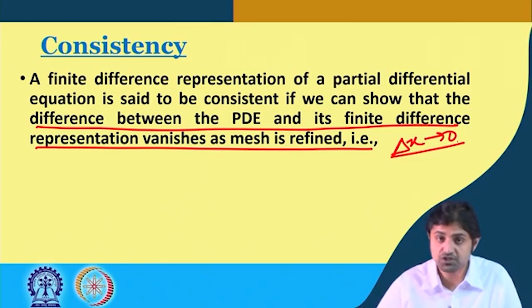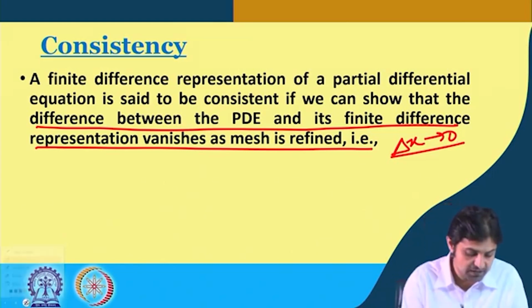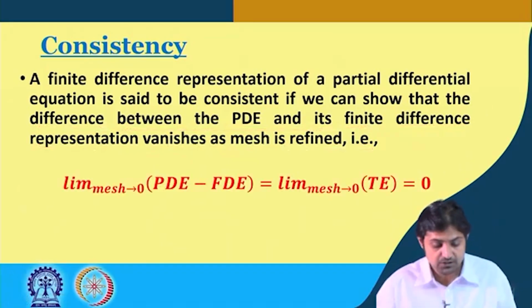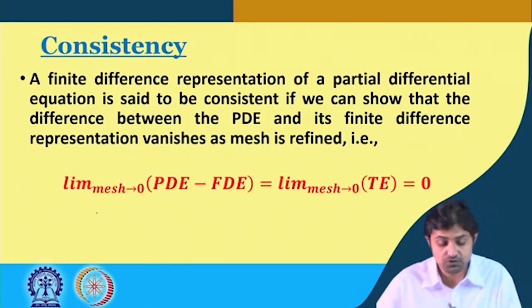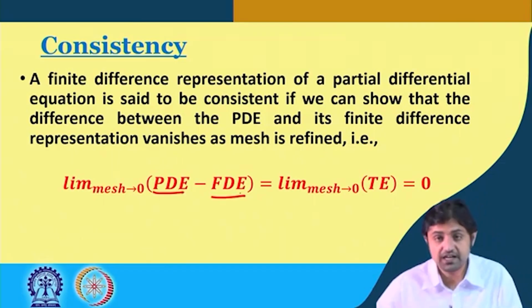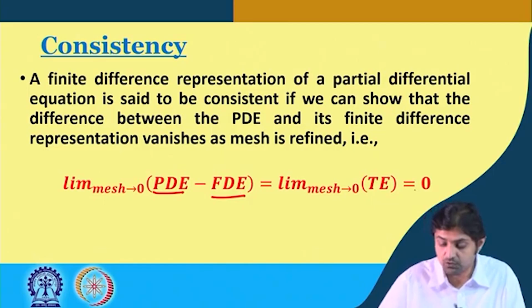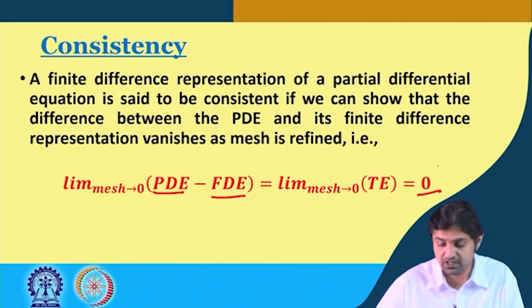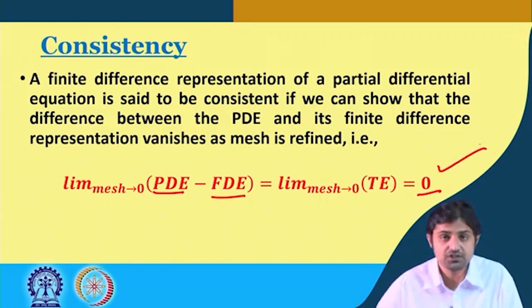You remember we had this limit delta x goes to 0 in your limit analysis. So in the limit of mesh going to 0, the partial differential equation minus the finite difference equation goes to 0. If we are able to show that, that means our solution of the partial differential equation using the finite difference representation is consistent.